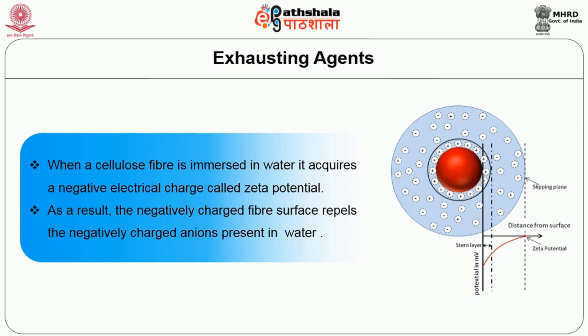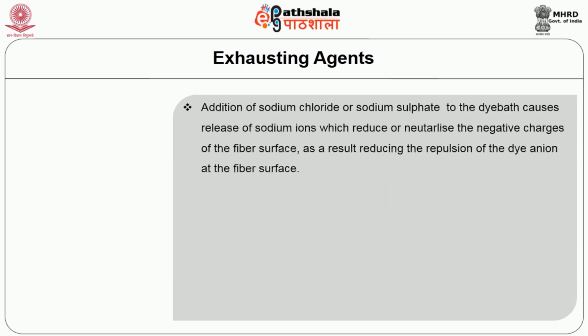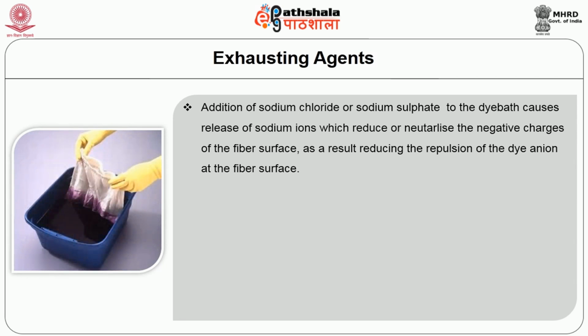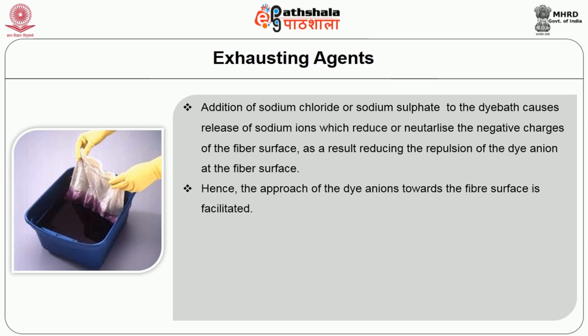When a cellulose fiber is immersed in water, it acquires a negative electrical charge called zeta potential. As a result, the negatively charged fiber surface repels the negatively charged anions present in water. Addition of sodium chloride or sodium sulfate to the dye bath causes release of sodium ions which reduce or neutralize the negative charges of the fiber surface, as a result reducing the repulsion of the dye anion at the fiber surface.